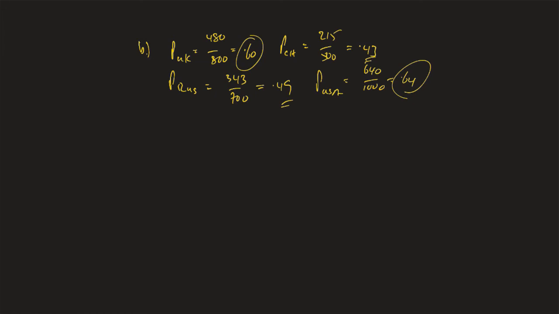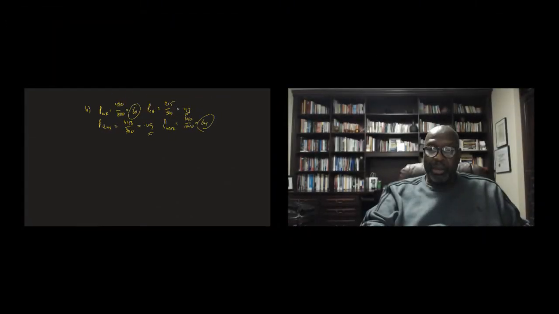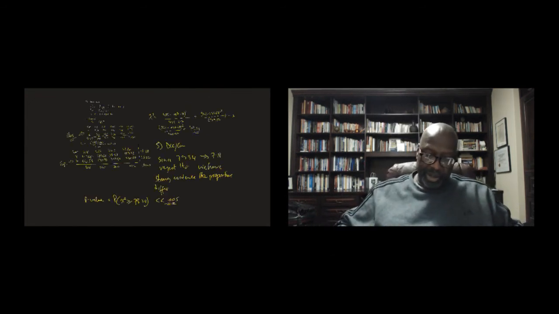So those are the sample proportions, and I would dare say that they seem to indicate some kind of difference between the proportions. Let's look at the last part of this question.